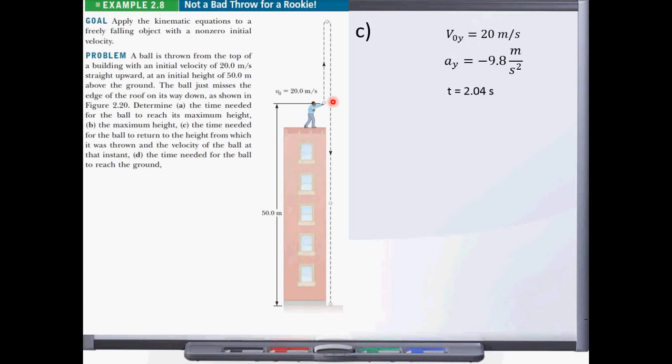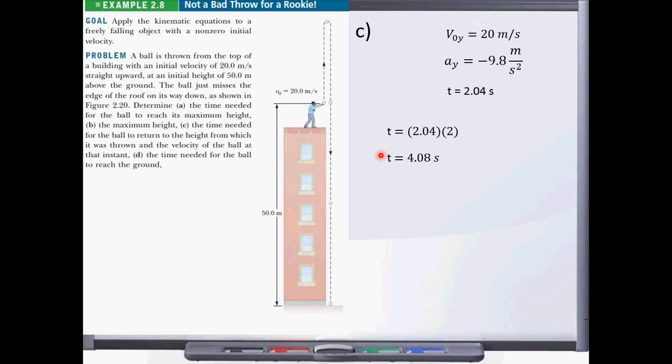What is the meaning of that? The time to get from here up is exactly the same as the time to get from here down to this point. Okay, so the only thing you have to do is multiply that time by 2 or add 2.04 plus 2.04. Okay, and that's going to be 4.08 seconds.